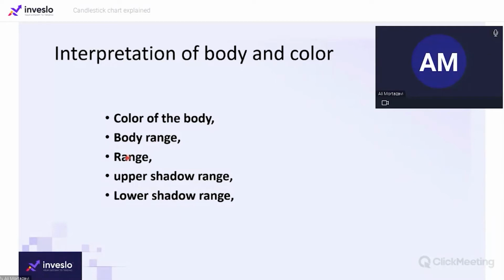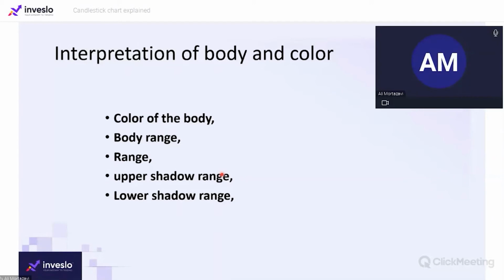And then we have the range, which means how much volatility is involved in the session, and can we expect to see a sustained move in the market or not? And also, one of the most important parts of candlestick interpretation is the length of the upper shadow and lower shadow.